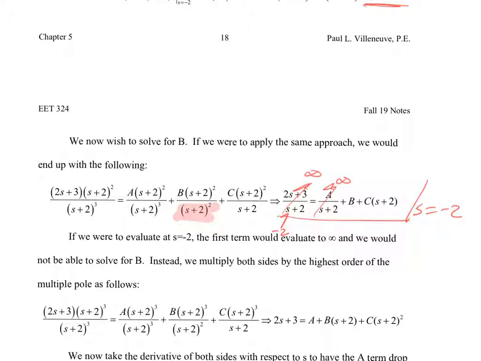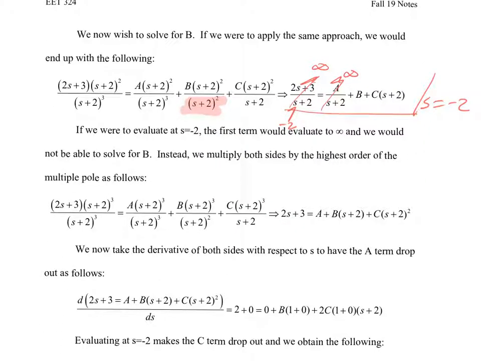So let's go back to what we did for A. We end up at this location, and this is how we solve for the A term. But instead of actually solving for A at this point, I'd like to get rid of the A term. Is there a mathematical property that gets rid of A and only A?